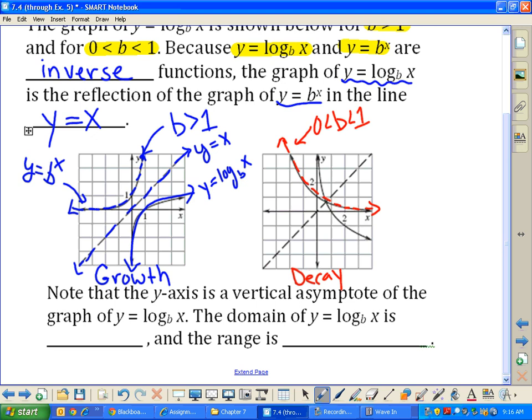It could be like a fraction or a decimal. So that's your exponential function. If you flip that graph over the line y equals x, you would get a logarithmic decay function.